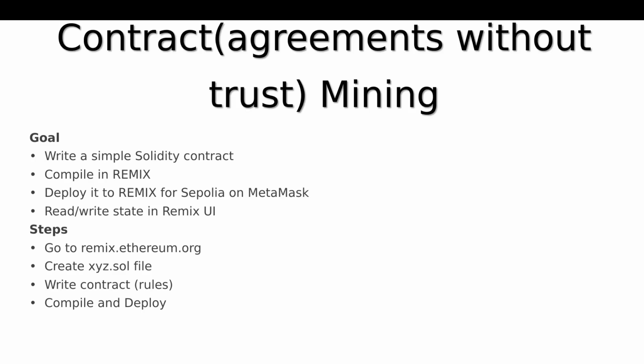A vending machine is the best example of a contract in which there are predefined rules that no one tries to change, but they comply with them. They give money and get the thing that they require.